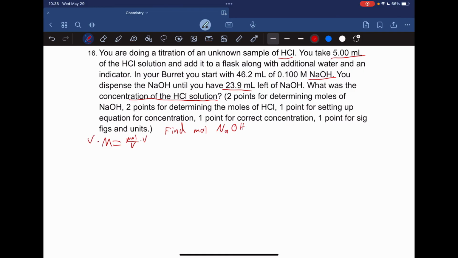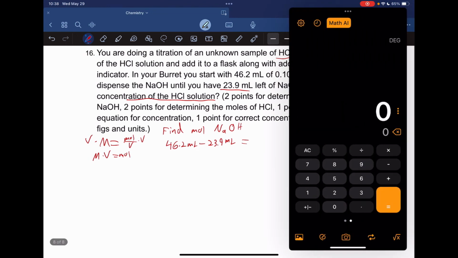So essentially, if we take the molarity and multiply it by volume, we're going to get moles. But we need to know what the volume is. For that, we're going to take 46.2 milliliters and subtract out the 23.9 milliliters. And that will get us the volume of sodium hydroxide. Pulling out the calculator again. 46.2 minus 23.9. 22.3.